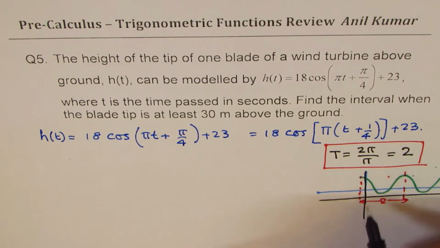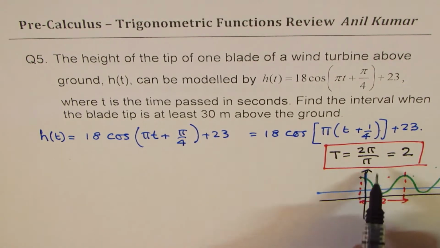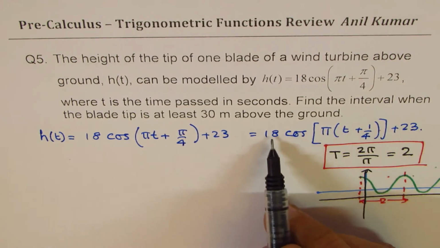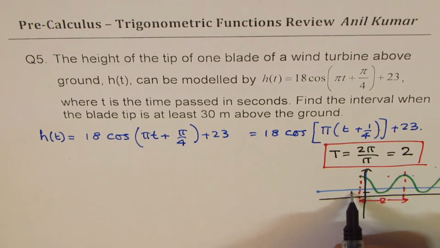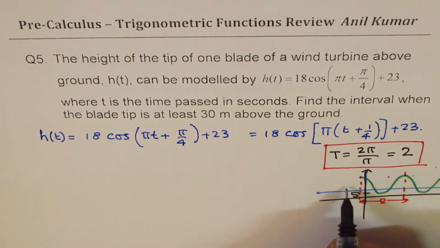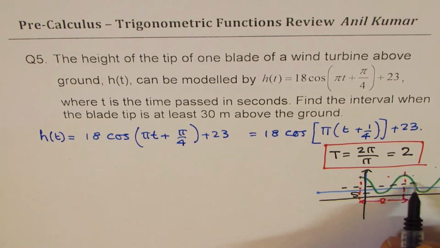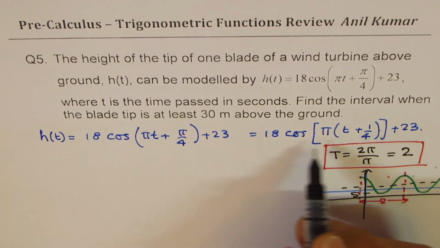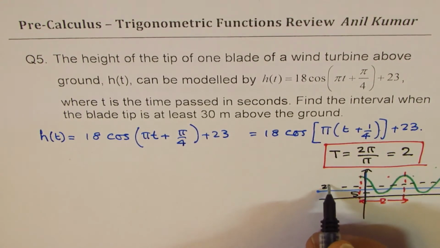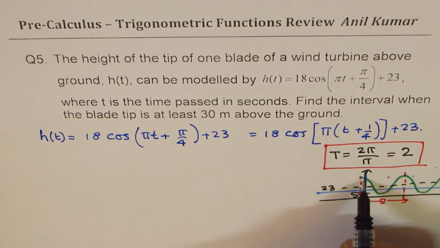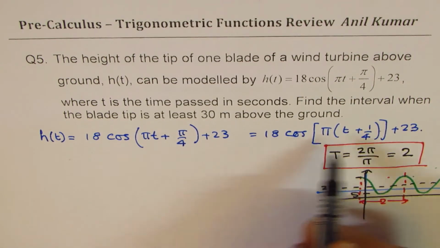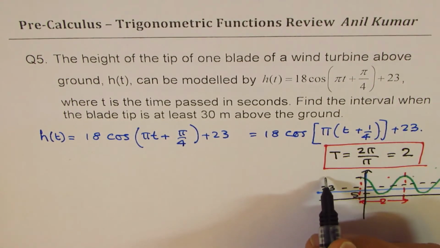And this becomes the y-axis. So the minimum will be 23 minus 18, so this will be 5. And in between, we will have the center axis, which will be at 23. And the maximum, which is here, will be at 23 plus 18, so 41.